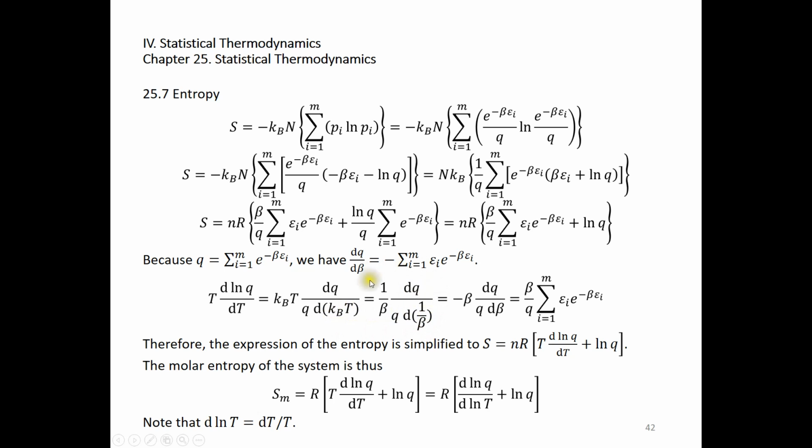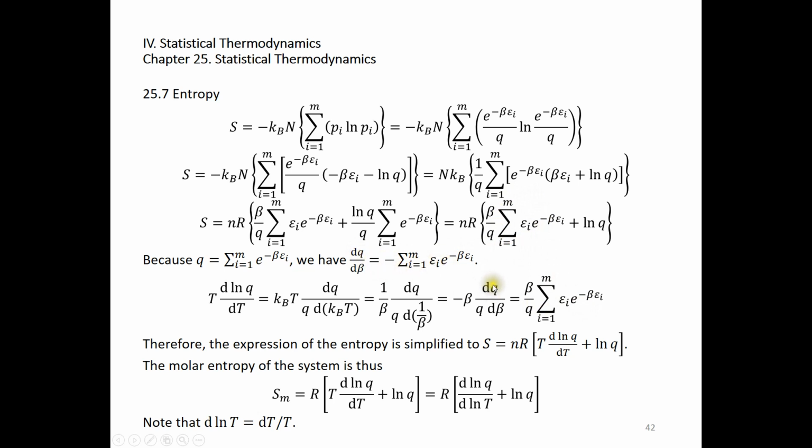Now we have this expression over here, and then what is this? d(1 over beta) is negative 1 over beta squared d beta. So we can clean up everything. We get negative beta dq over q d beta. It sounds really complicated, but if you look at this, this is equivalent to this or this. Why is that? Because dq over d beta is negative sum of epsilon times exponential function, right?